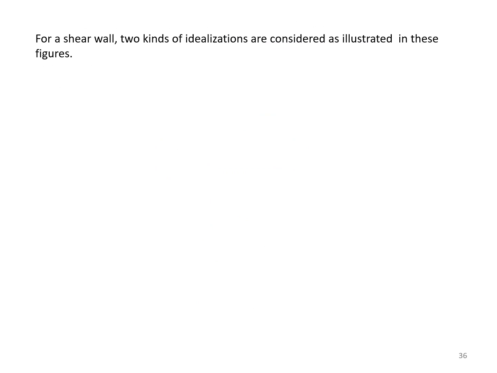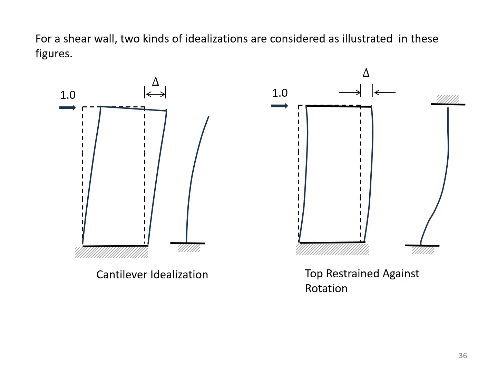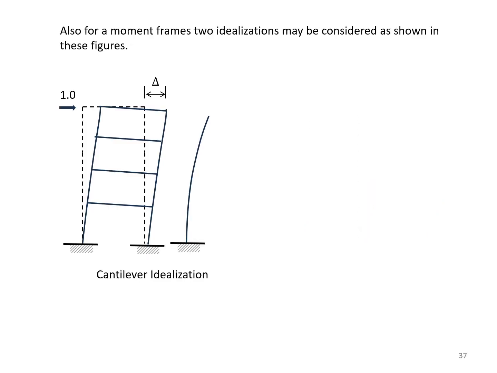Now for shear walls, we have two kinds of idealization, as I said before. Cantilever idealization and top restraint against rotation idealization. So you can see, if I show you the single column, how the deformation would appear. And I'll give you the equations for both these cases. Now for a moment frame, two idealizations again are considered.